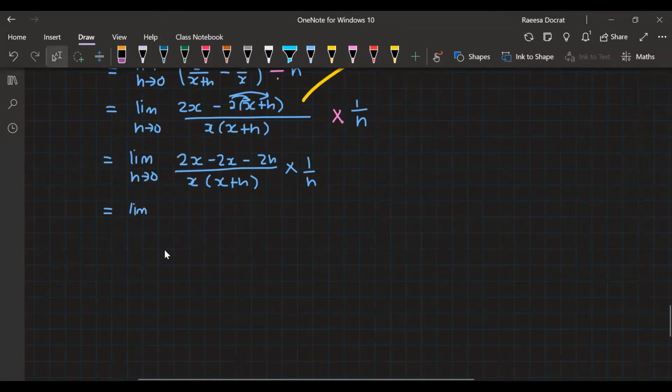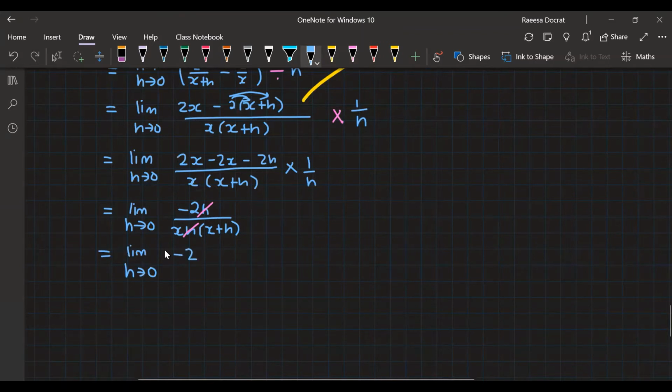The two 2x terms cancel out, so I have minus 2h all over x times h times x plus h. Then the h in the numerator can cancel out with the h in the denominator. So I've got the limit as h tends to 0 of minus 2 over x times x plus h.